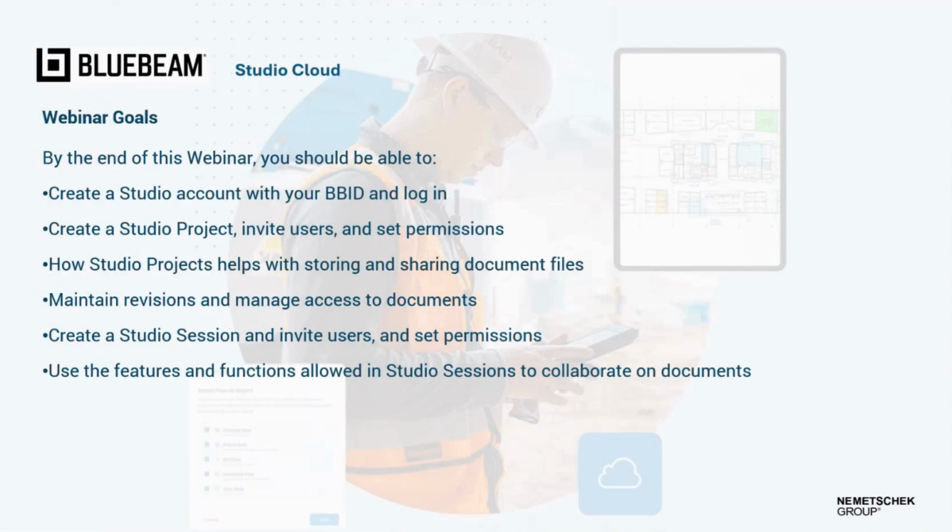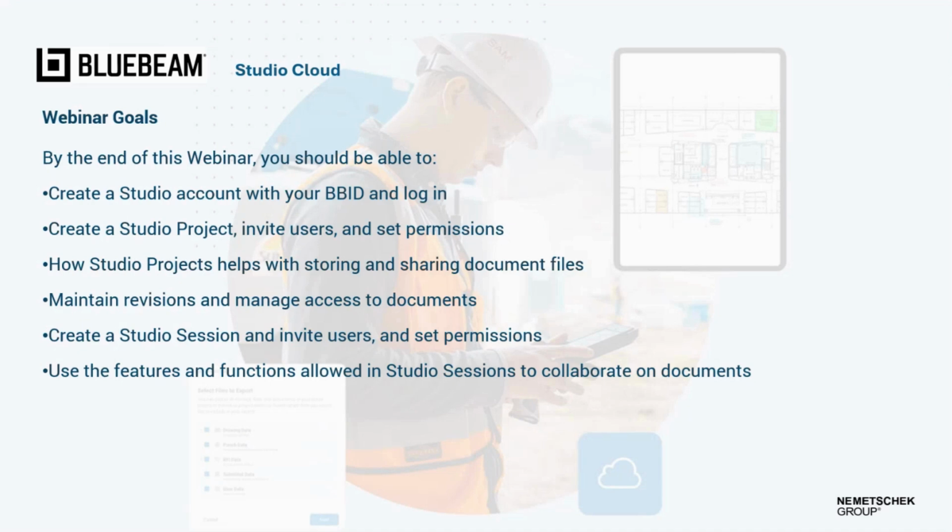Further, in more detail, today's goals are: by the end of this webinar, you should be able to first create a studio account with your own Bluebeam ID and log in. You should be able to create studio projects as well as studio sessions, and in them, you should be able to invite users and set permissions. We will see how in Studio Project you can invite users and set permissions.